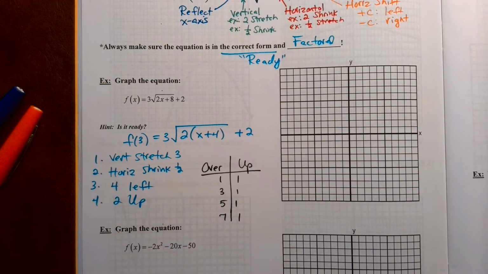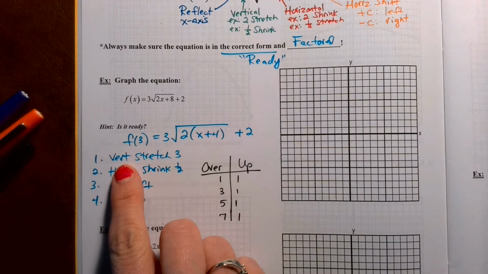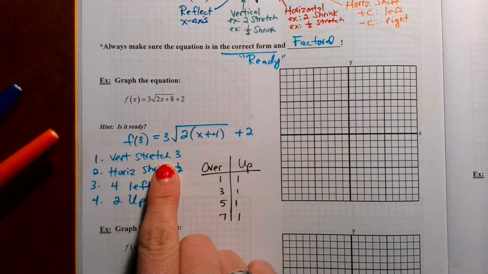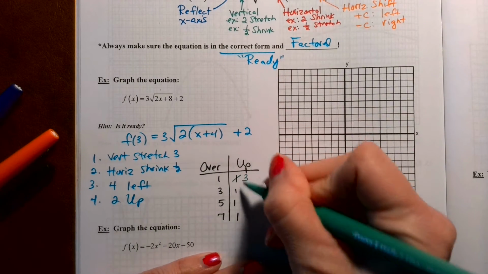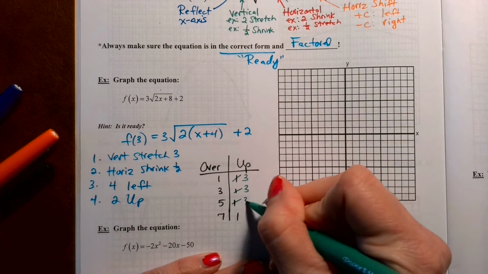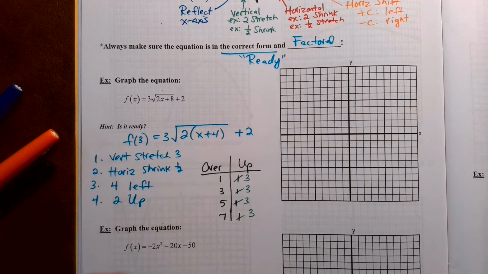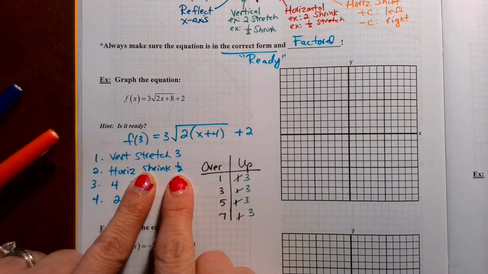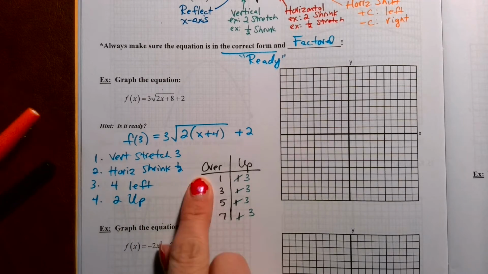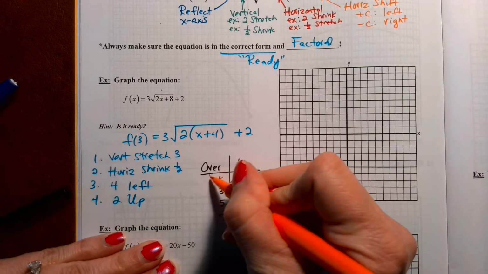Okay, but we have to adjust them. A vertical stretch by 3. Okay, the vertical numbers are up, so I'm going to multiply all those numbers by 3. The over numbers, the horizontal numbers, have to get shrunk in half. So all these numbers, not 1, but 1/2.